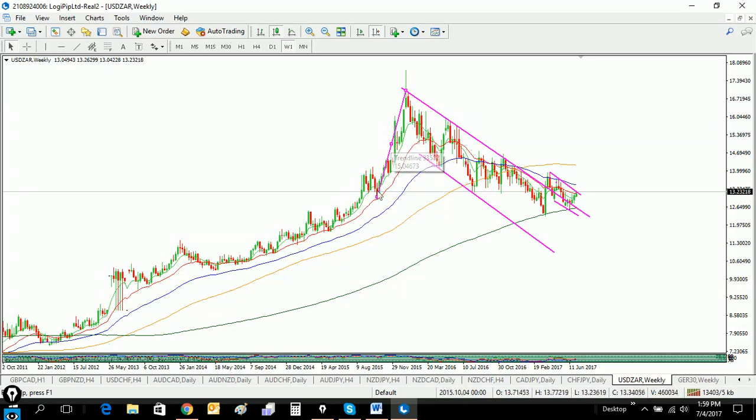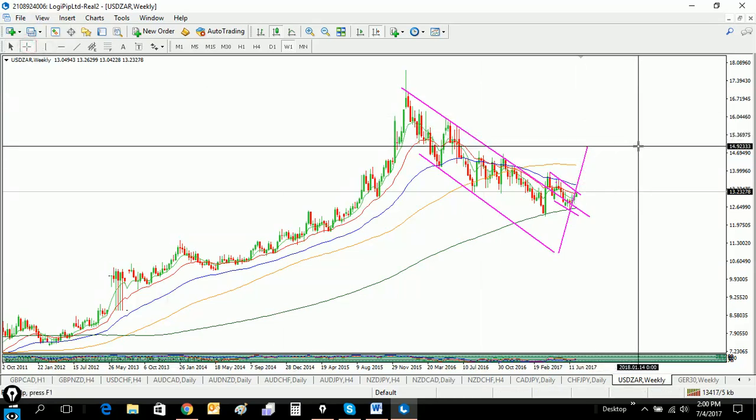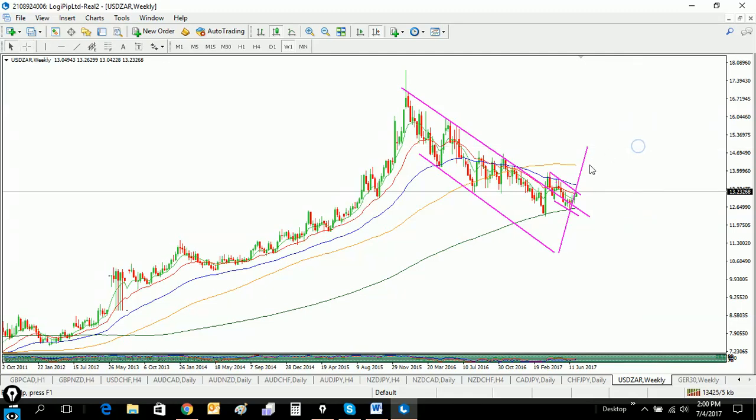If I then take the length of that movement and place it down here on the Rand, we should quite comfortably see that kind of level there. And if we look at the price on the right hand side, that's around about 15 Rand to the dollar that we could expect to see over the next couple of weeks and months to come.